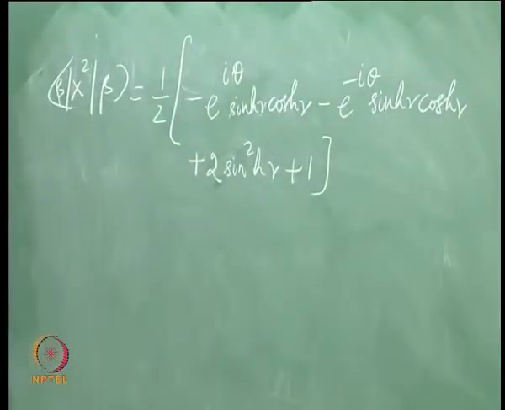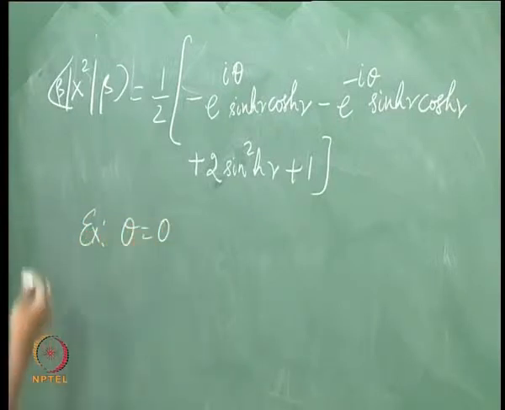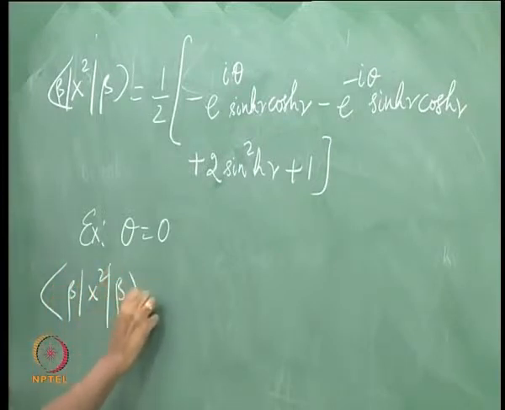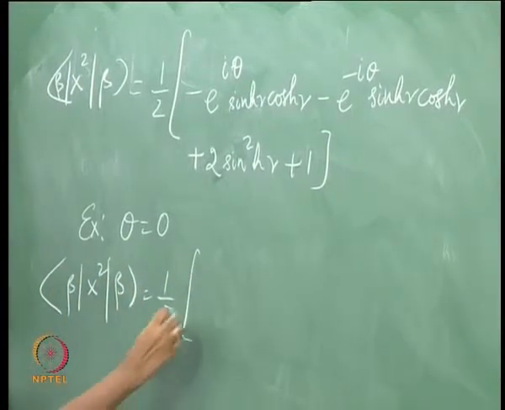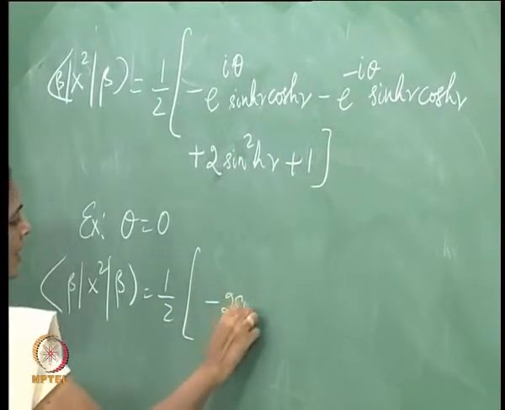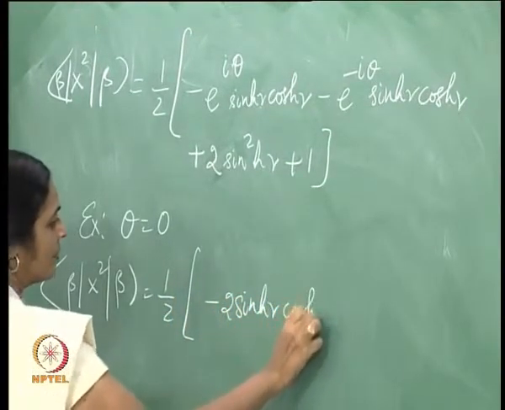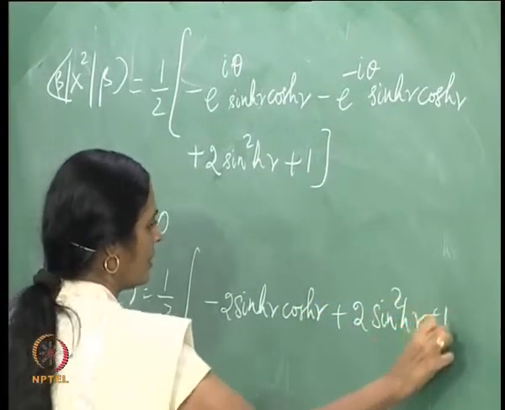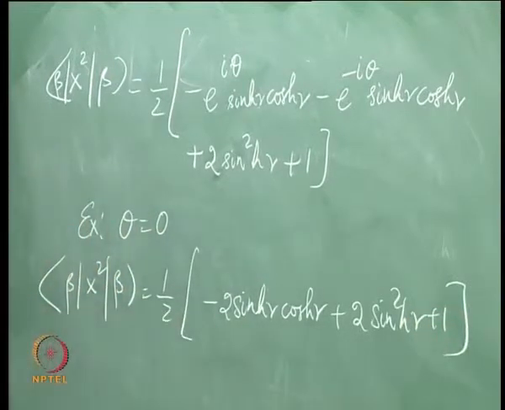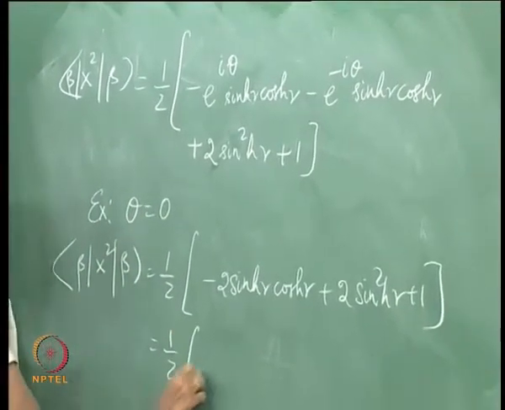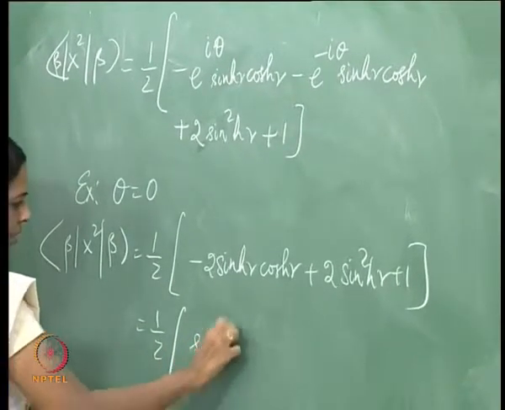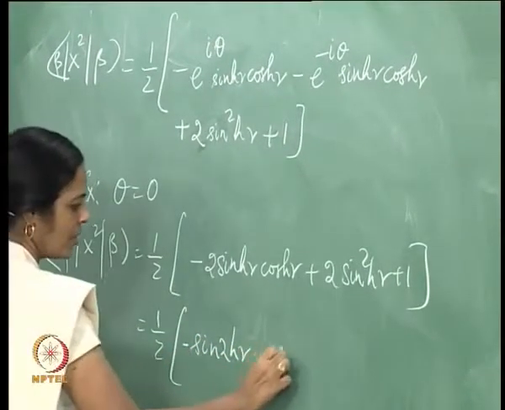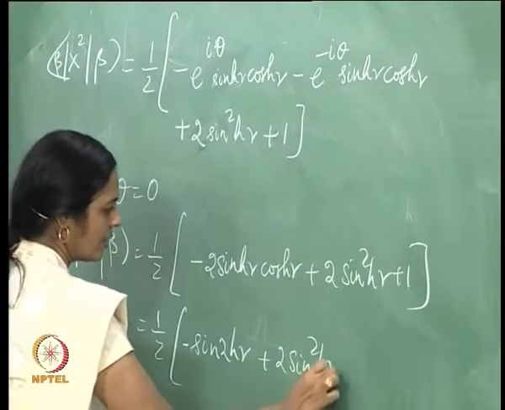Let us set θ equal to 0. For example, θ is a phase, it can take various values. If we set θ equal to 0, that is minus 2 sinh r cosh r plus 2 sinh² r plus 1, that is half of minus sinh 2r plus 2 sinh² r plus 1.